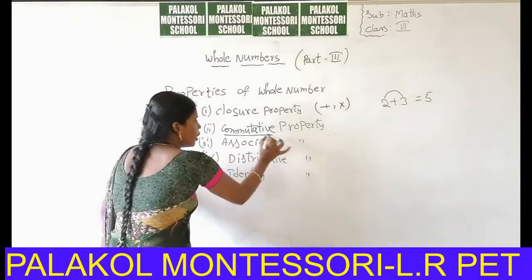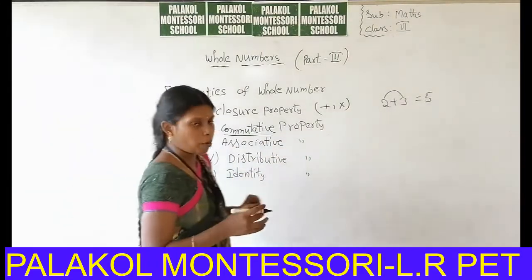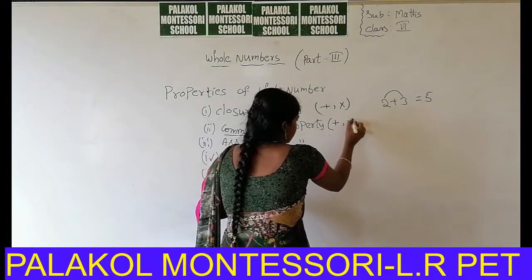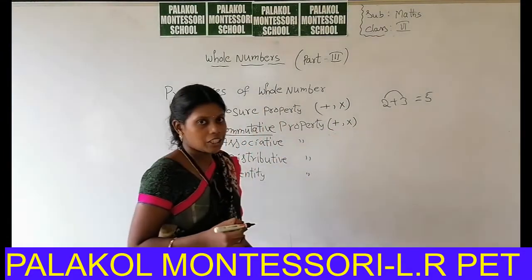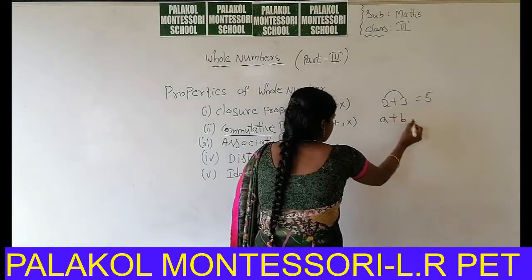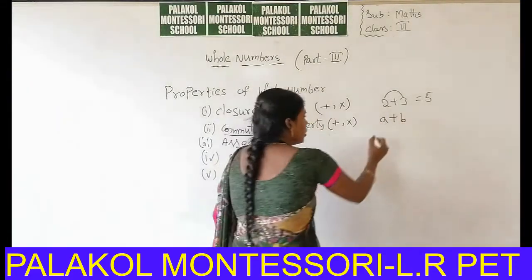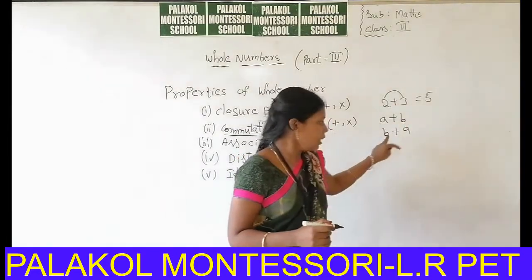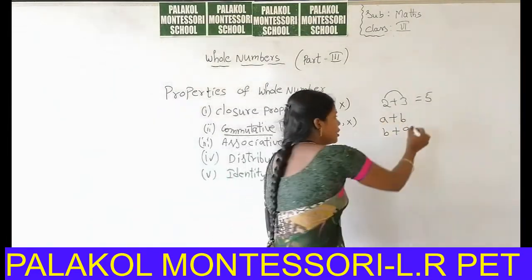So what is commutative property? In this case also, the operations addition and multiplication are satisfied. For example, you can take a plus b, and b plus a. We can change the order, a plus b, b plus a, and the result is the same.